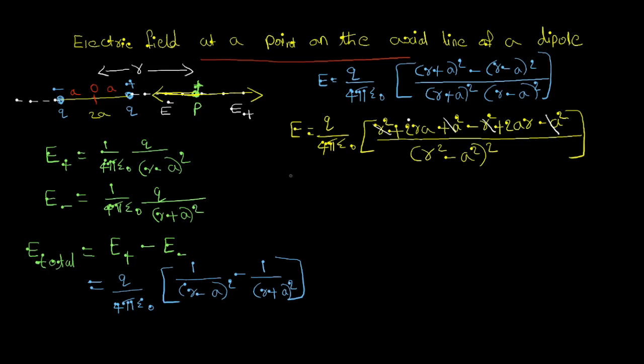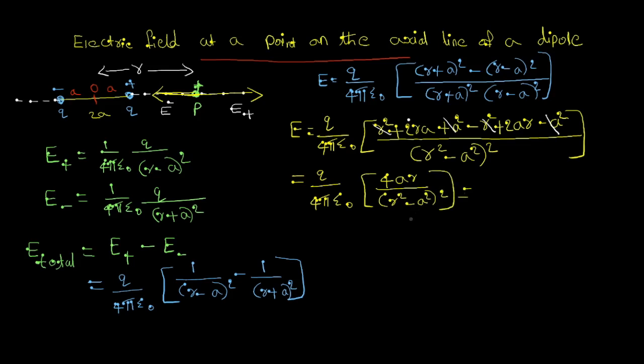E is equal to Q by 4 pi epsilon 0 into 2ar plus 2ar, we get 4ar, divided by (r square minus a square) the whole square.